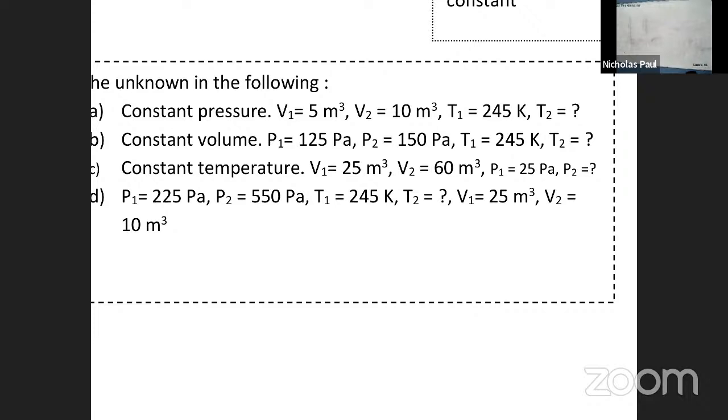Do those calculations first. Those who are online, message your answers.